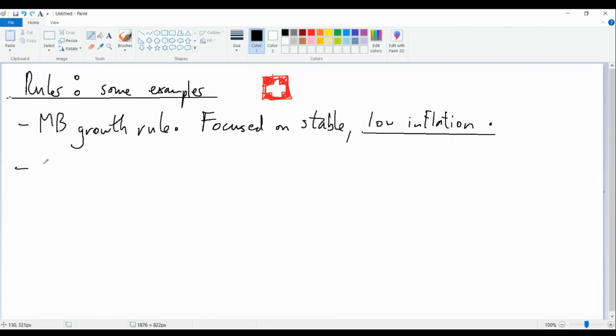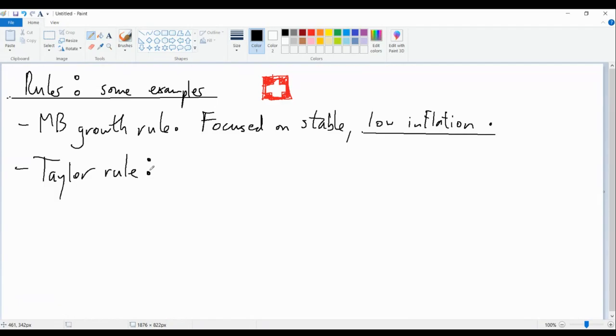So let me give you an example of a slightly more flexible rule. I'm going to tell you about something that some economists think might be a good idea. It's called the Taylor rule, named after John Taylor, a Stanford economist.